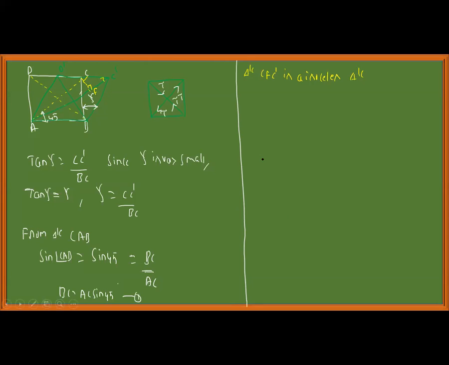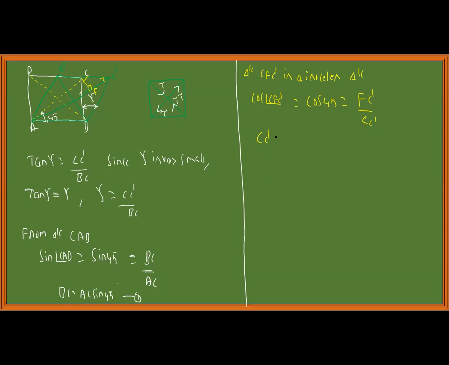Okay. From triangle CFC dash, I can write cos of angle CFC dash, cos 45, which is equal to FC dash divided by CC dash.